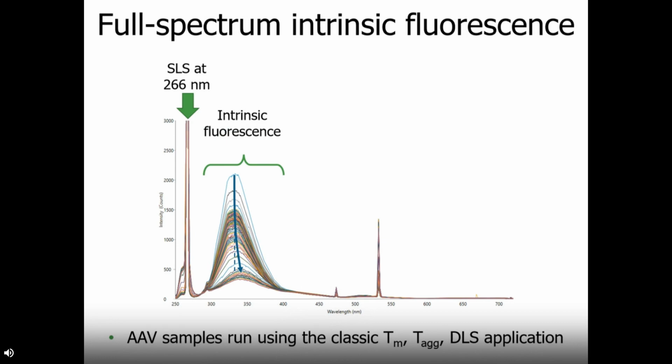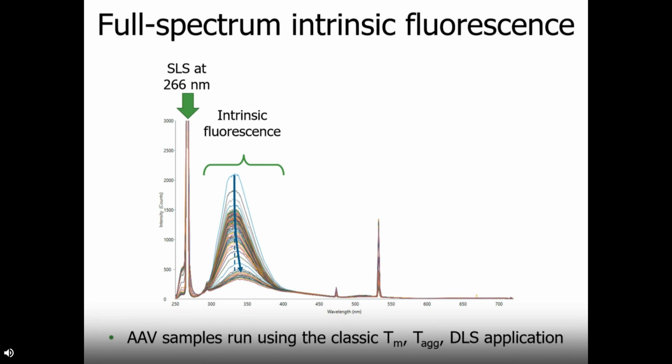Here we have a quick look at the intrinsic fluorescence signal collected by Uncle on a sample of 1 × 10⁻³ AAV9 without SYBR Gold. Each line here is a fluorescence read at a different temperature, starting from the top and going to the bottom. As the sample temperature increases, the signal intensity drops and shifts to the right, which is called a redshift.